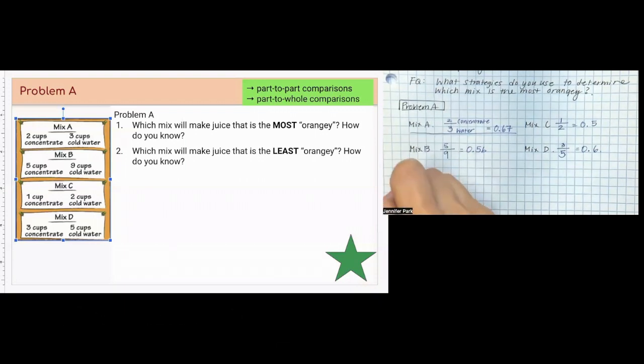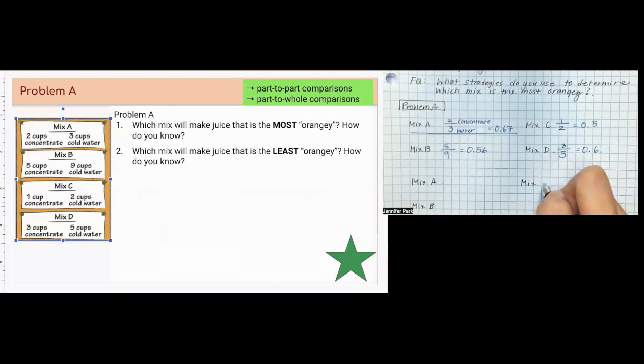So we're going to try another one. Mix A, mix B, mix C, mix D. So let's look at the chart again. Coming back to the chart. Mix A has 2 cups of orange juice concentrate.